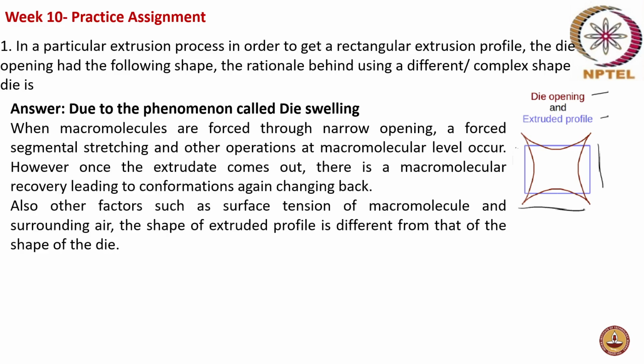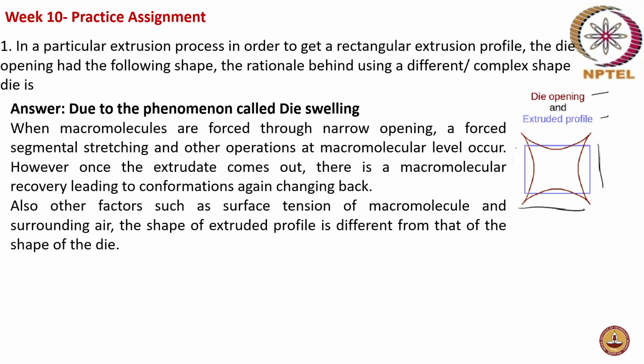What happens when macromolecules are forced through a narrow opening, here in this case a die, is that forced segmental stretching happens, and other operations at macromolecular level occur. However, once the product comes out of the extruder or from the die, there is a macromolecular recovery, leading to conformations changing back.